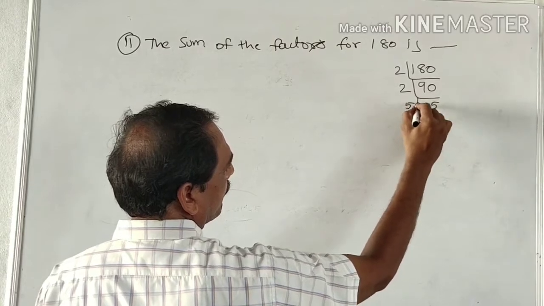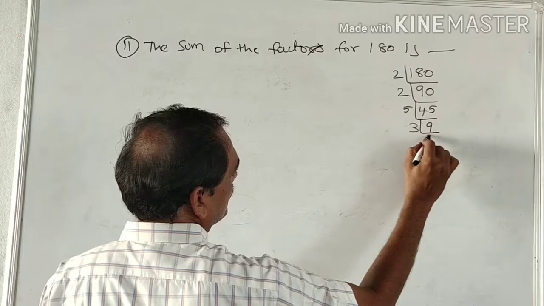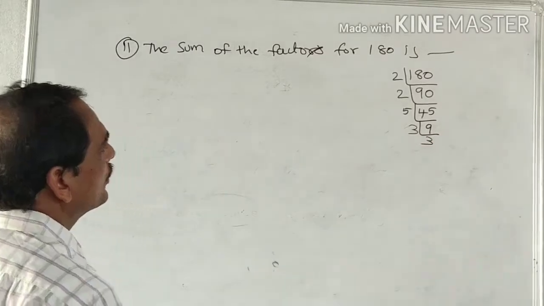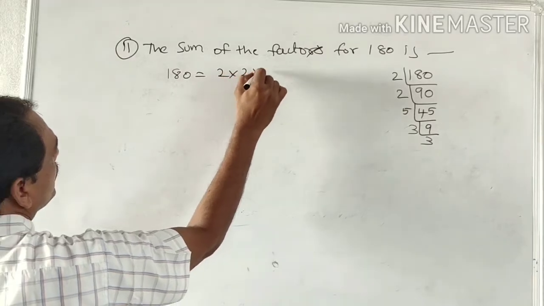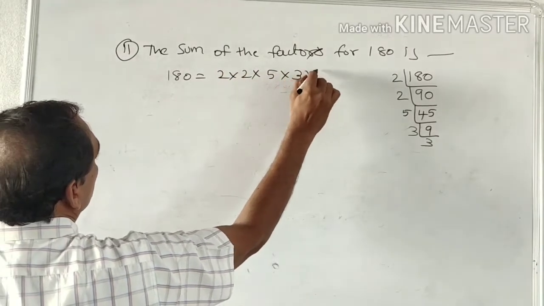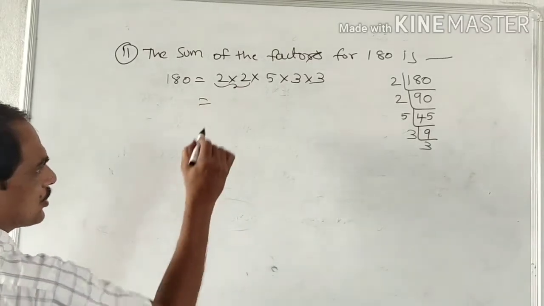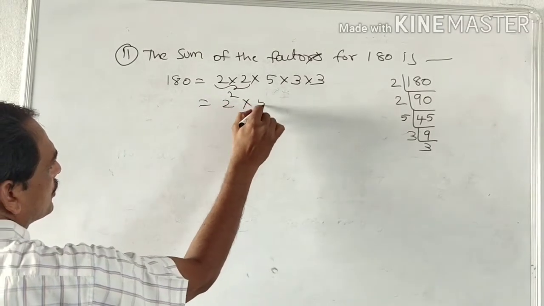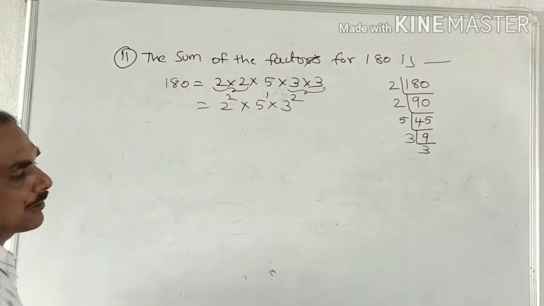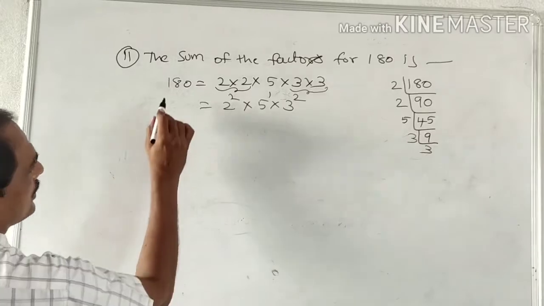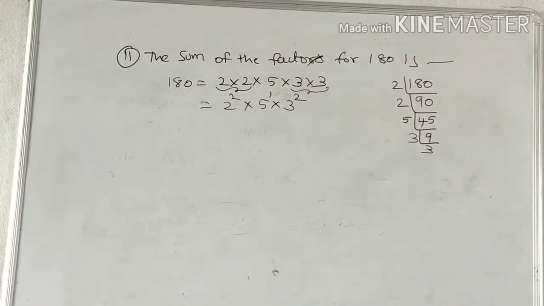Now we divide it by 5, 5 9s are 45, 3 3s are 9. So 180 equals 2 into 2 into 5 into 3 into 3. We write 2 into 2 as 2 square, into 5 to the power 1, into 3 into 3 as 3 square. So 180 equals 2 square into 5 into 3 square.